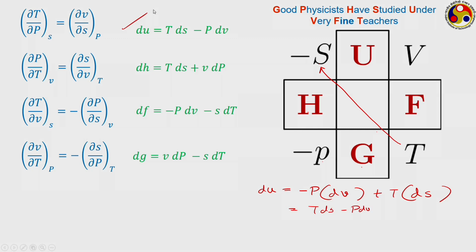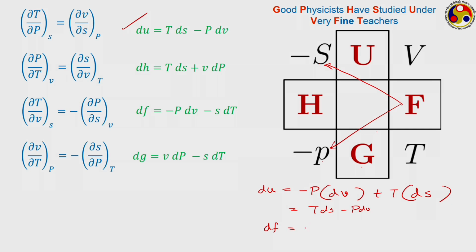Let us take another sample. Let us consider the F. If we want to write the expression of dF, then what will be your coefficients? To check the coefficients, go to the two corners which are opposite to this. So, this is one corner and this is the other corner. You know that these two will be the coefficients.